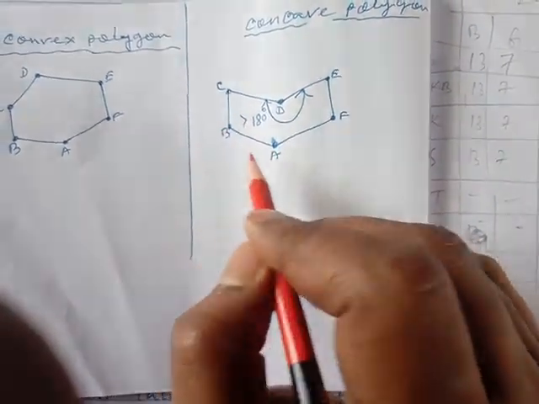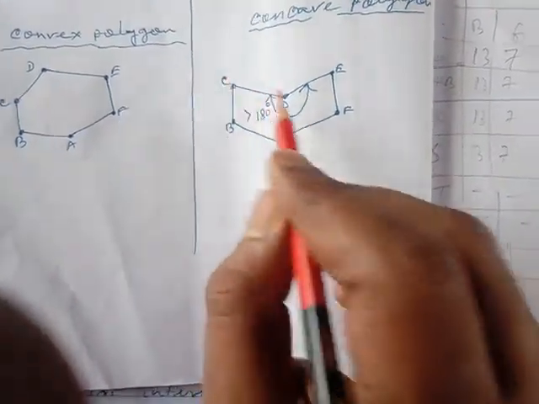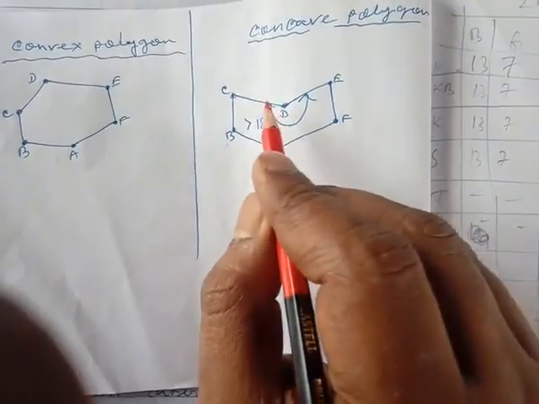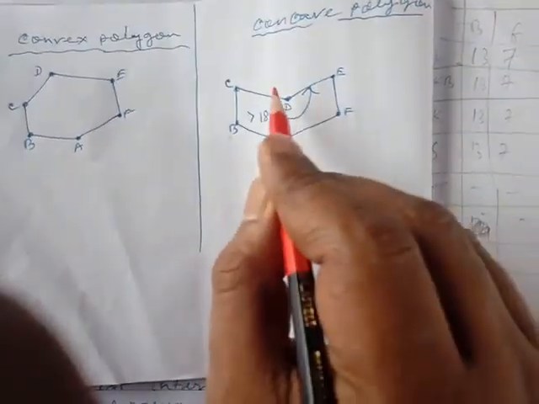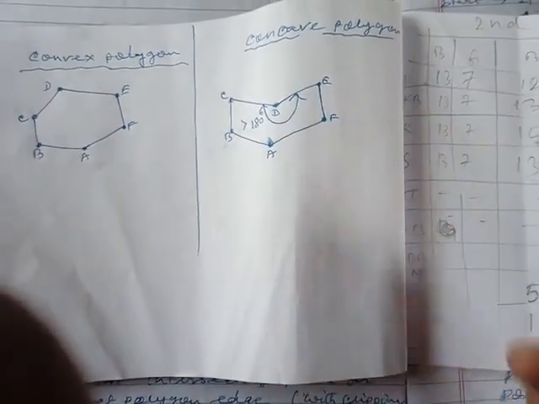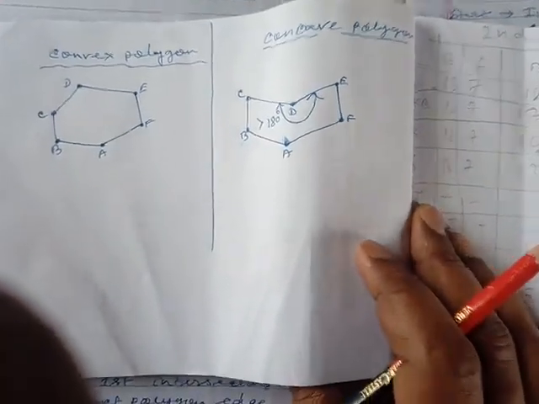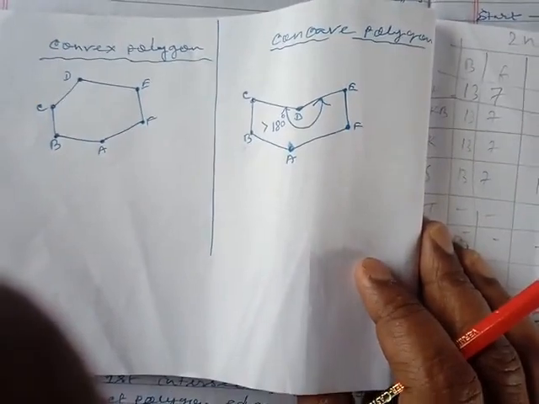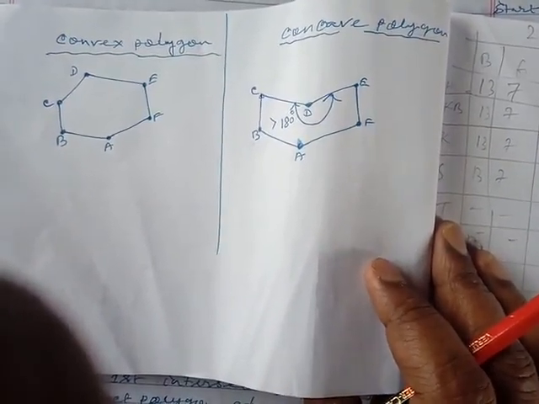Like in this figure, in the polygon A, B, C, D, E, F, the interior angle CDE has a value of more than 180 degrees. So I hope the difference between a convex and a concave shape polygon is clear.